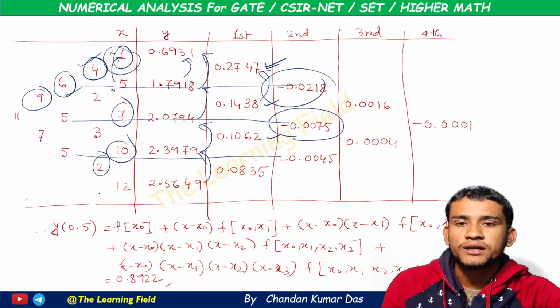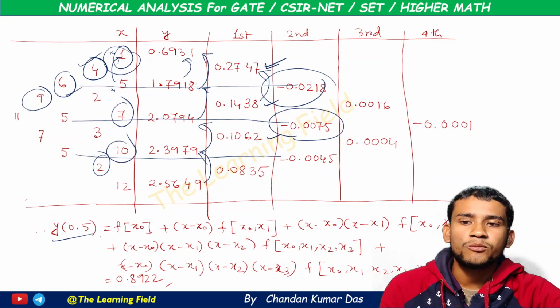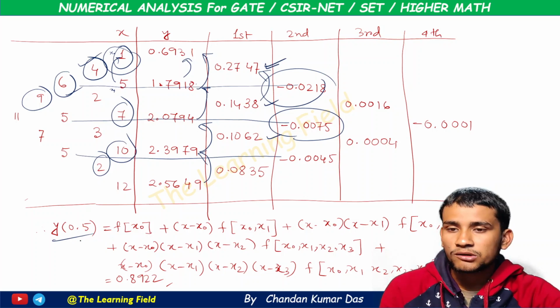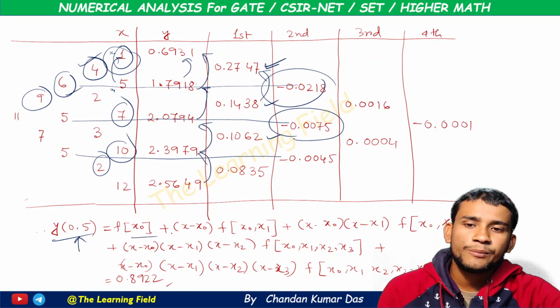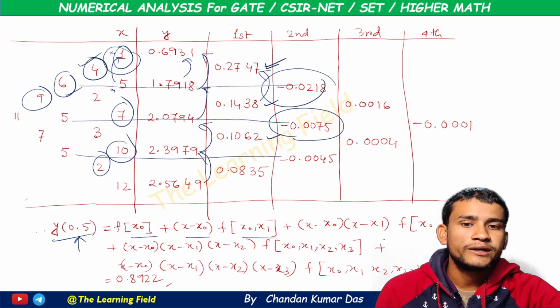And now we just put the values in this formula. So y at 0.5, we have to calculate at the point 0.5, this is the interpolating point. This is equal to f of x0 plus x minus x0 f of x0 x1, and so on.